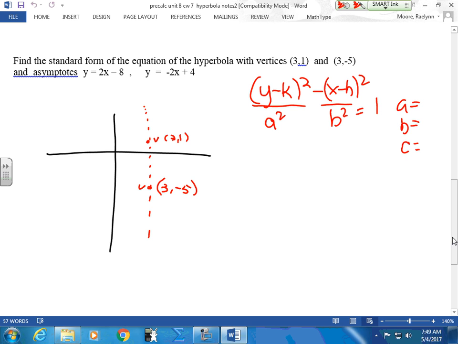Center. So it's the average of your x's, which is 3, and it's the average of your y's, which is negative 2. Okay? So now I know where my center is: 3, negative 2. So what is A? 3.